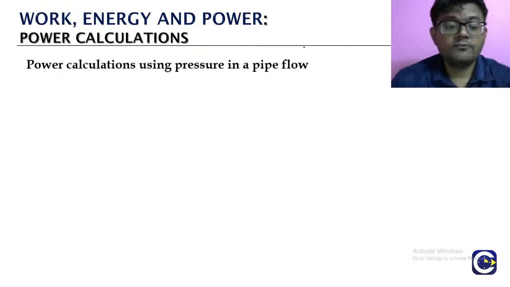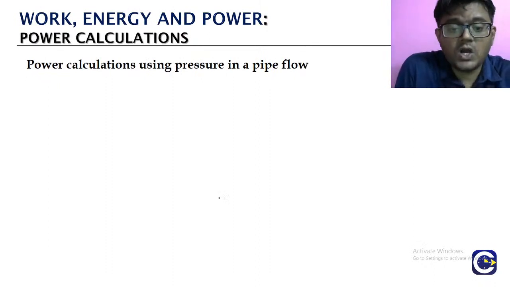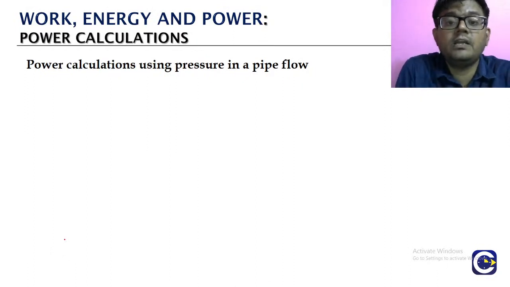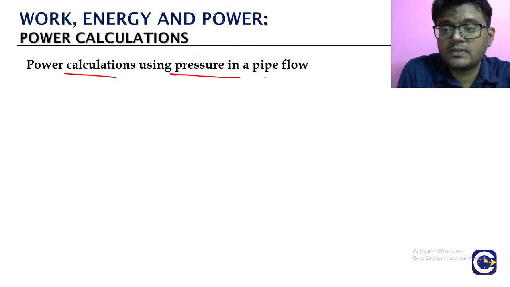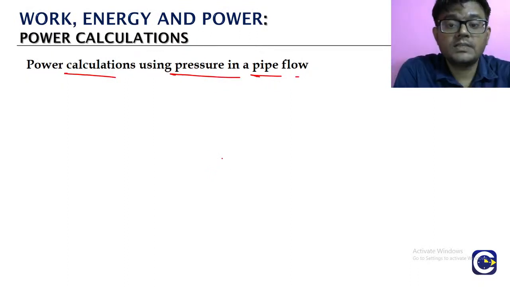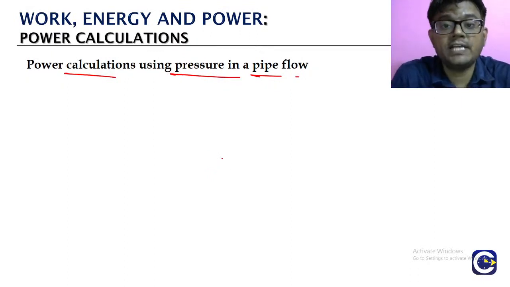Now in fluid mechanics, we'll talk about the pressure inside a fluid, and we'll even have some laws. The Bernoulli equation, which will help us to find the pressure at various points in a fluid flow. So we'll discuss about that.